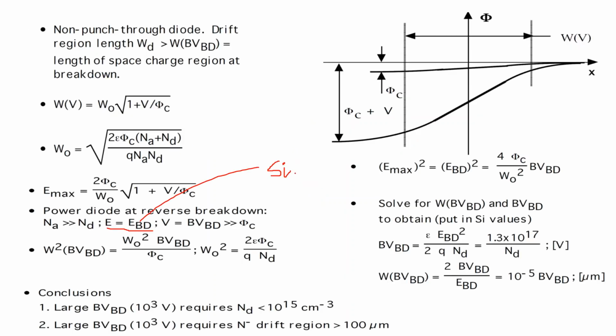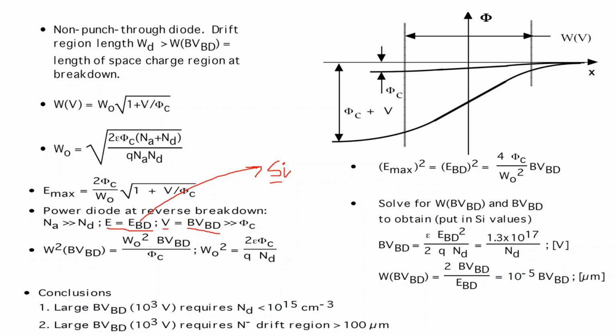So EBD is nothing but the electric field required for a breakdown in a silicon material. So this is completely dependent upon the material. If we have air, for example, as a material, then EBD will be different. If we have silicon, then EBD will be different. Now put voltage as the breakdown voltage.